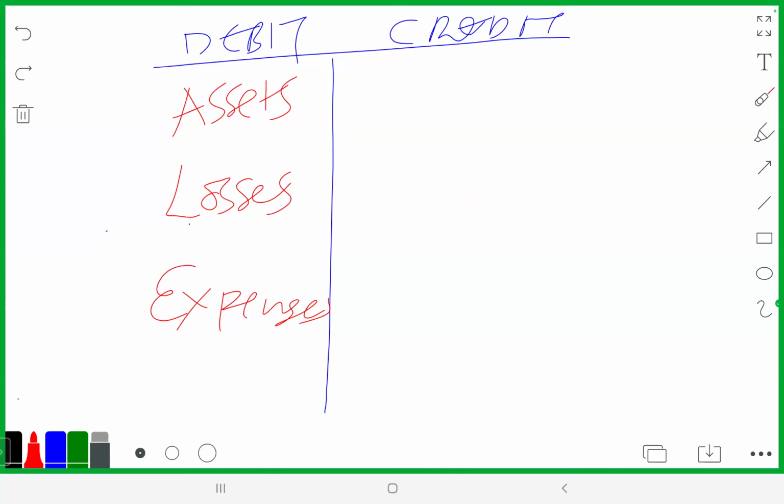What should guide you is what I've just written. Check, is the account an assets account? For example, cash, fixtures, buildings, inventories, receivables. If that is an assets account, then you have to debit.